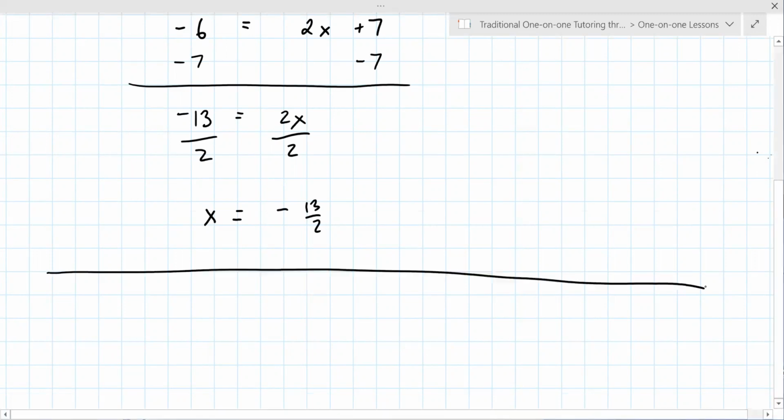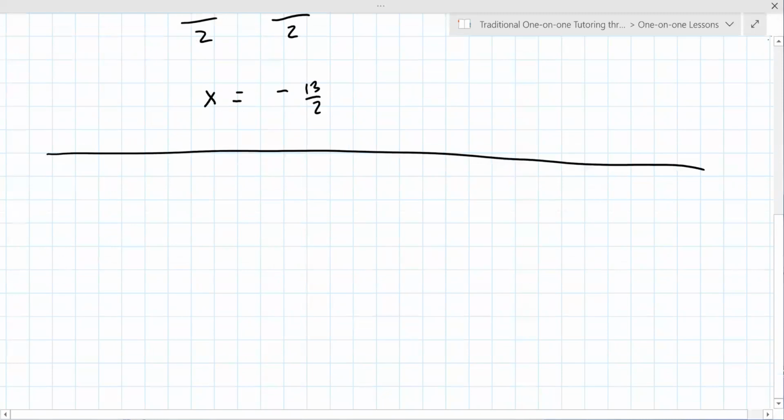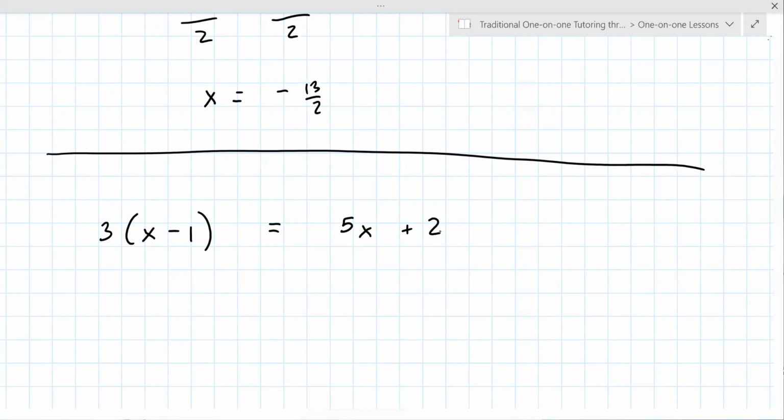Okay, so let's do another problem here. Let's try 3 times (x minus 1) equals, I don't know, 5x plus 2 this time. What's the first step that we should do here?